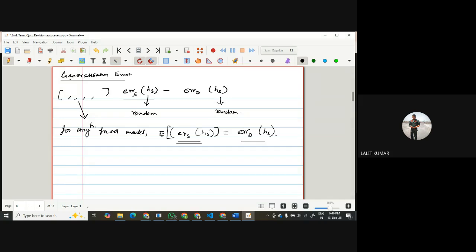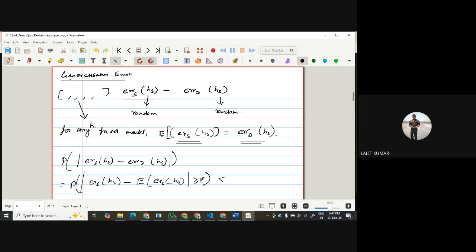If I fix a model, then the expectation of the error of that model will be equal to error_D(h_S). Now using this, we can write the probability of the absolute value of error_S(h_S) minus error_D(h_S) as the probability of error_S(h_S) minus the expected value of error_S(h_S) being greater than or equal to epsilon.